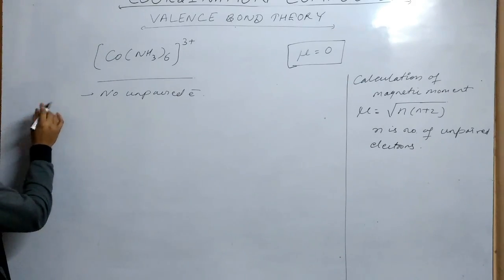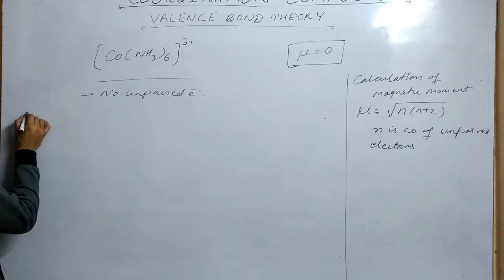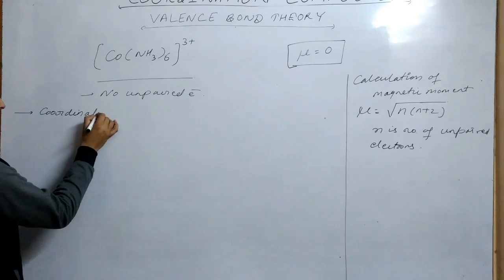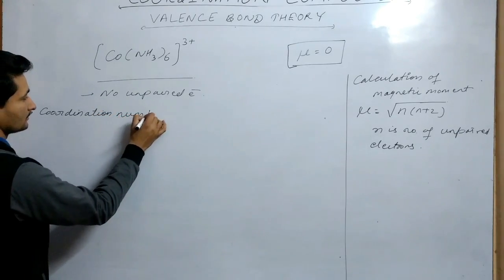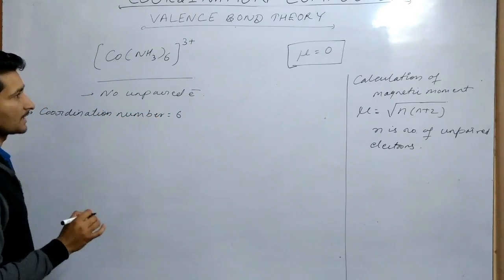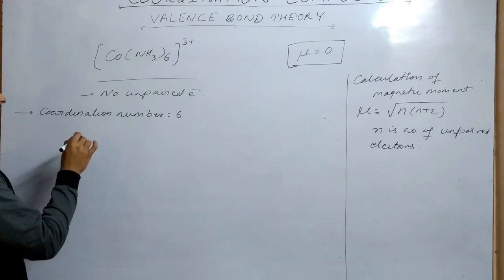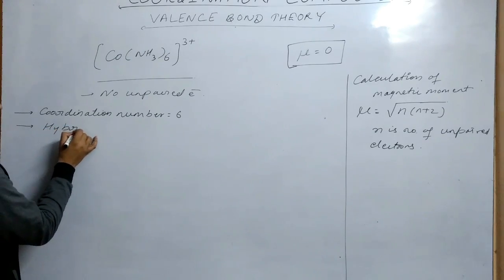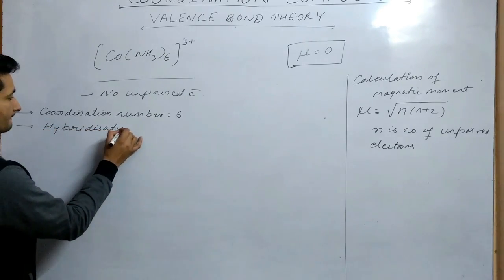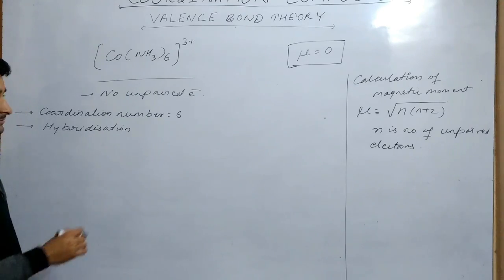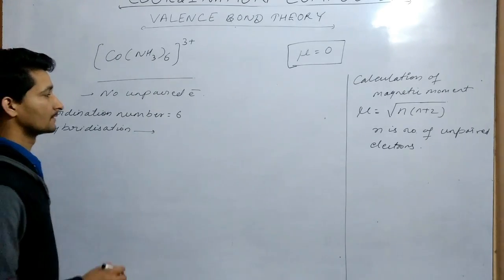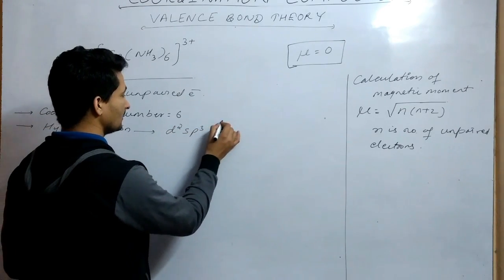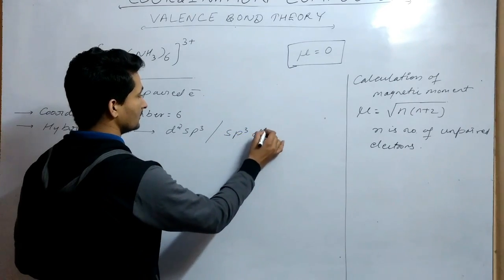Its coordination number is 6. So what can be concluded? Two hybridizations are possible. I have discussed that in the case of coordination number 6, the possible hybridization is d2sp3 or sp3d2.